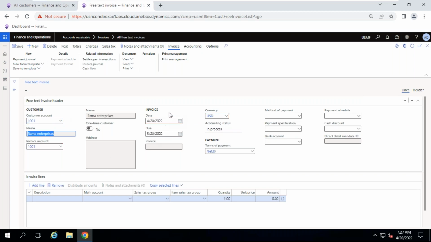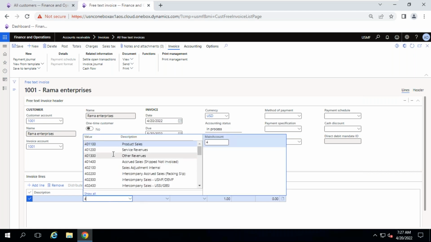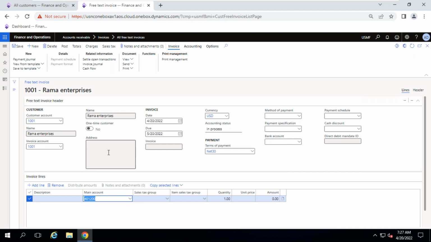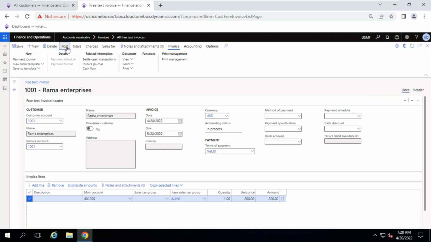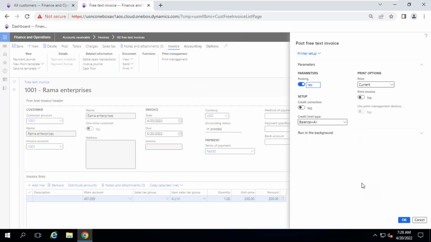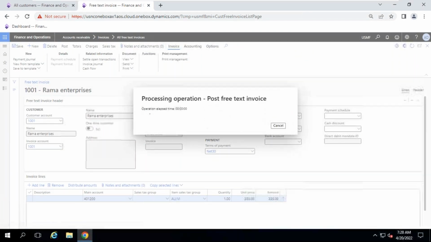Automatically the remaining details are filled. You will understand later what the due date, terms of payment, currency and everything are. I'm selecting the revenue account. Suppose $200. Now I'm posting. Click OK.